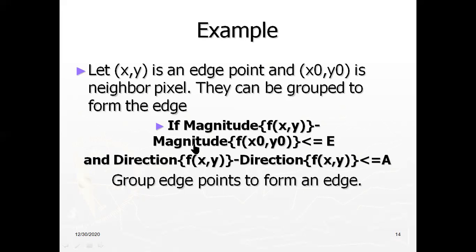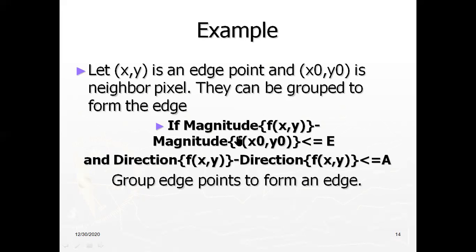Along with that, if the difference between the direction of these two pixels is less than or equal to some angle A, if both the conditions are met, we can group such pixels to form an edge.